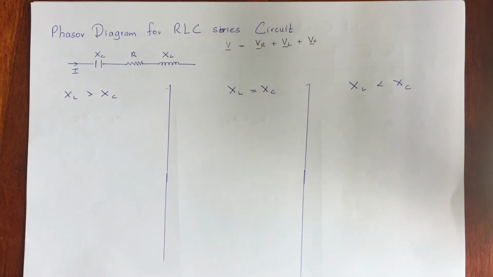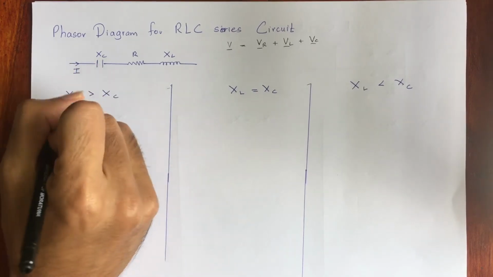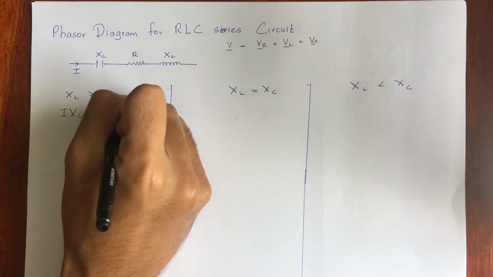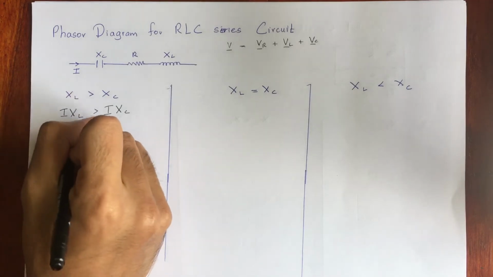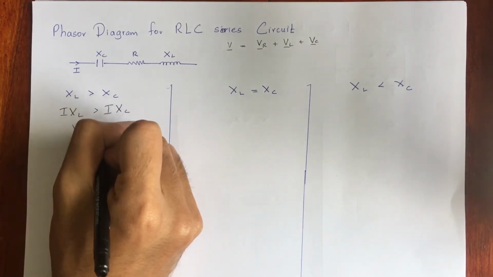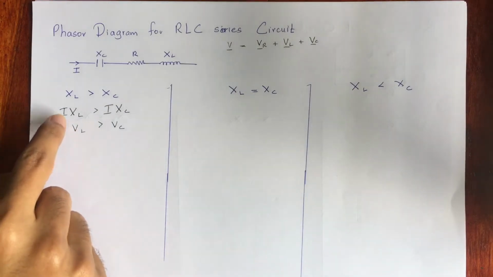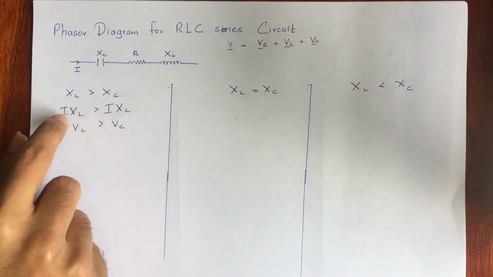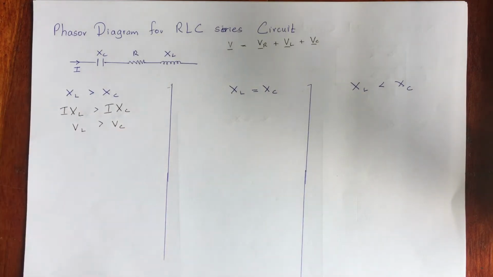How we can find that is, we can directly multiply this by I. If I multiply like this, I'm going to have IXL greater than IXC, which simply means the voltage across the inductor would be greater than the voltage across the capacitor. Be careful, these values are RMS values, which means root mean squared values of the current. I multiply by I, and I get the answer as an RMS value.